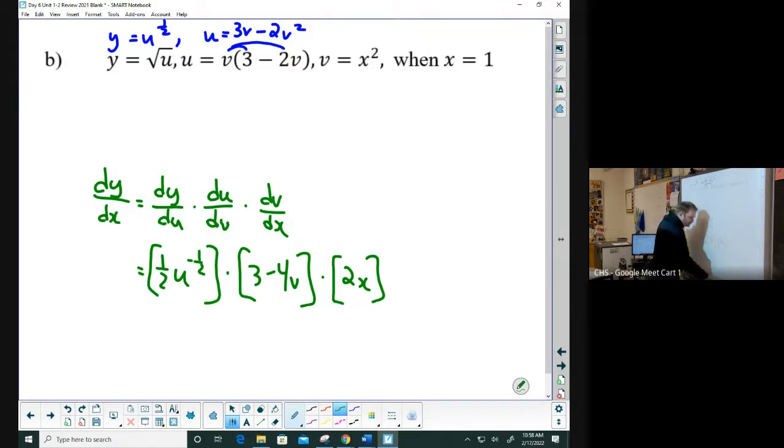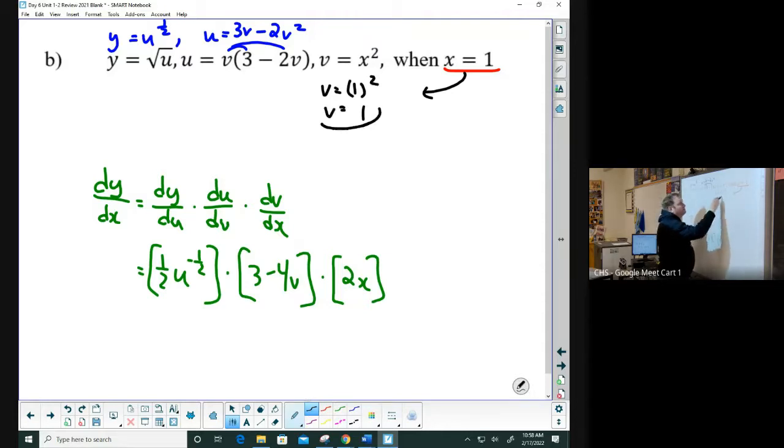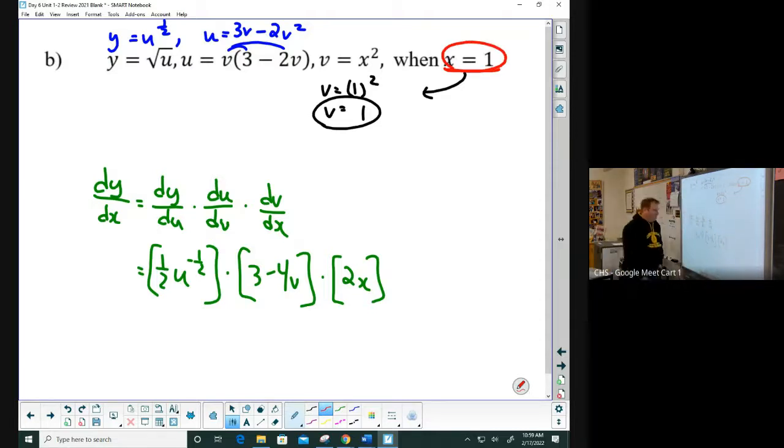All right, so I'm ready to start substituting. I've got x equals 1. I can substitute that. But I also need a v. So v is going to be 1 squared, which is just 1. So v equals 1. So I'm substituting that. But it's not just v that I'm substituting, it's also u.